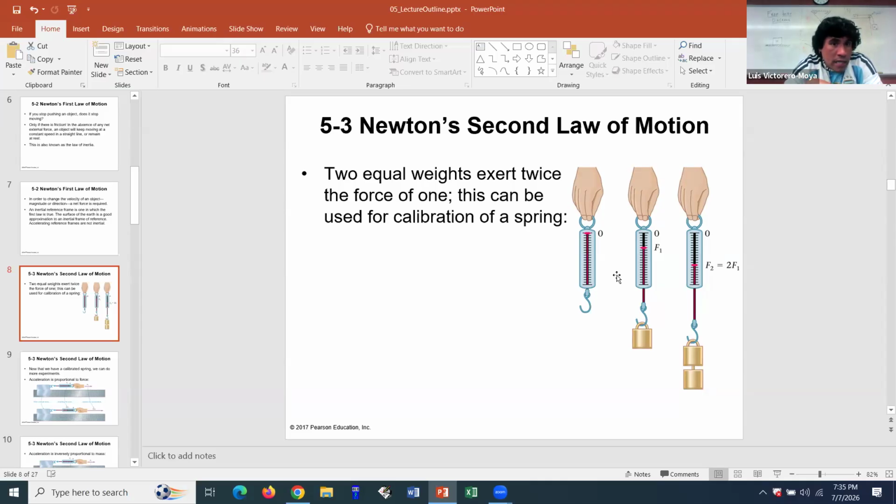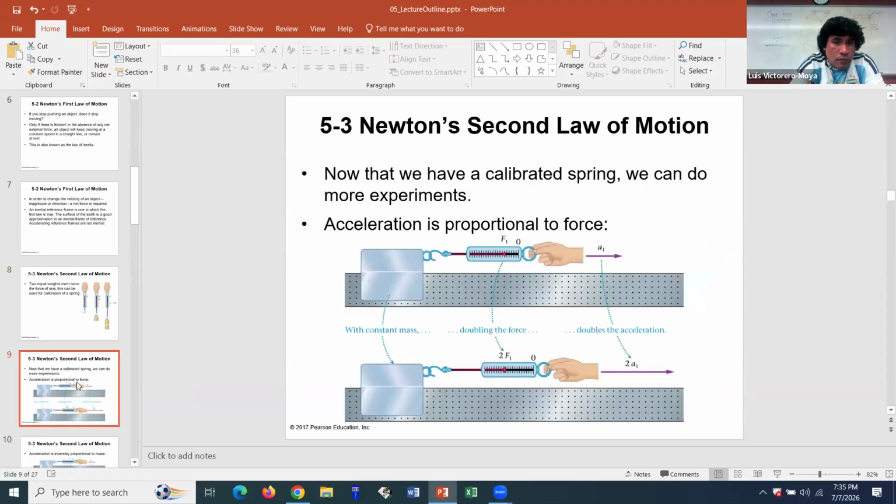That's the mass. The weight is obtained by multiplying the mass times gravity. We call it weight because mass is more of a scientific term that we use in chemistry and physics. But now you know the difference.